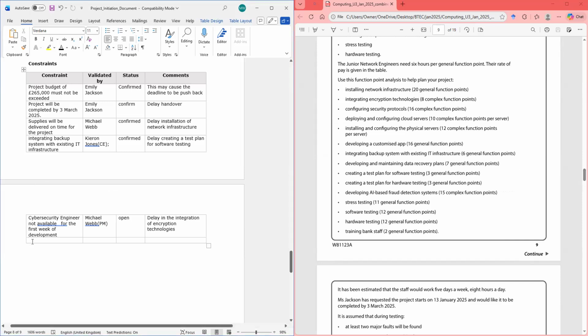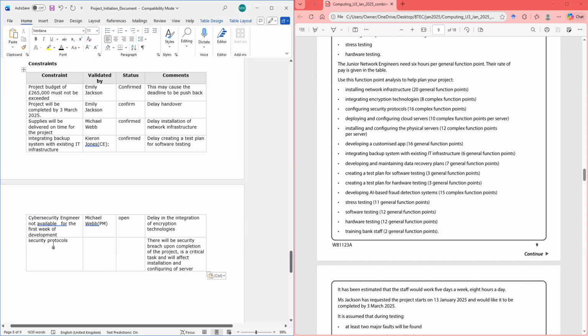Security protocols not configured properly. So there will be a security breach upon completion of a project. It is a critical task and will affect the installation and configuration of server.